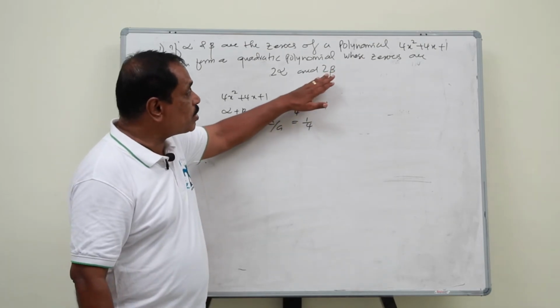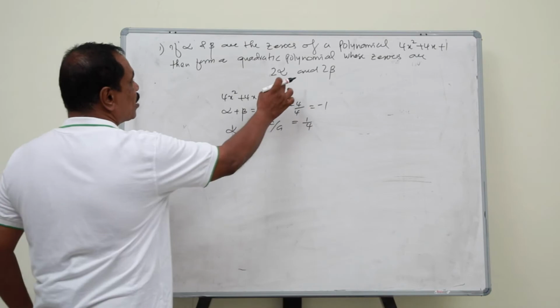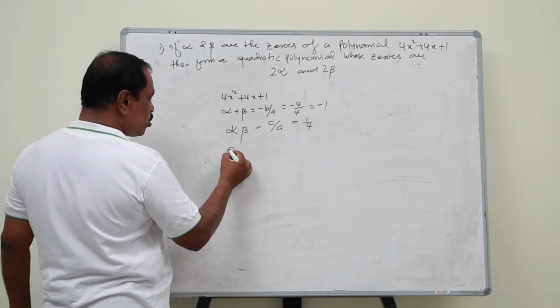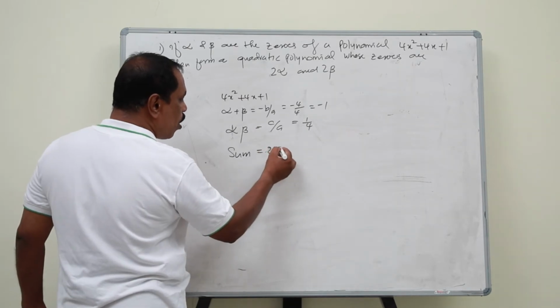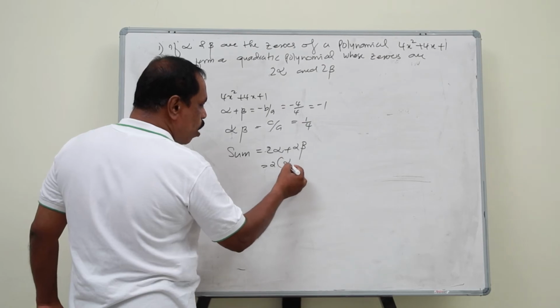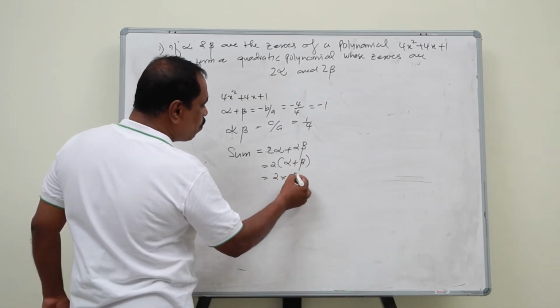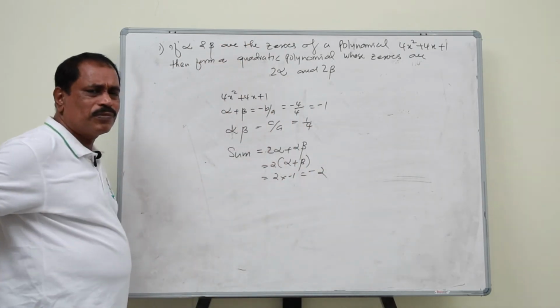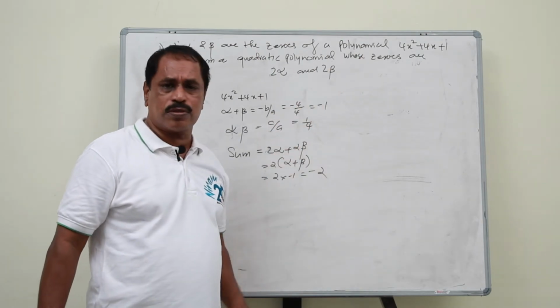Then find the sum and product of the new zeros. These are the given zeros. So the sum equals 2 alpha plus 2 beta. Correct? 2 is taken out, alpha plus beta, that is 2 into minus 1, which is minus 2. So we found the sum of the new zeros.